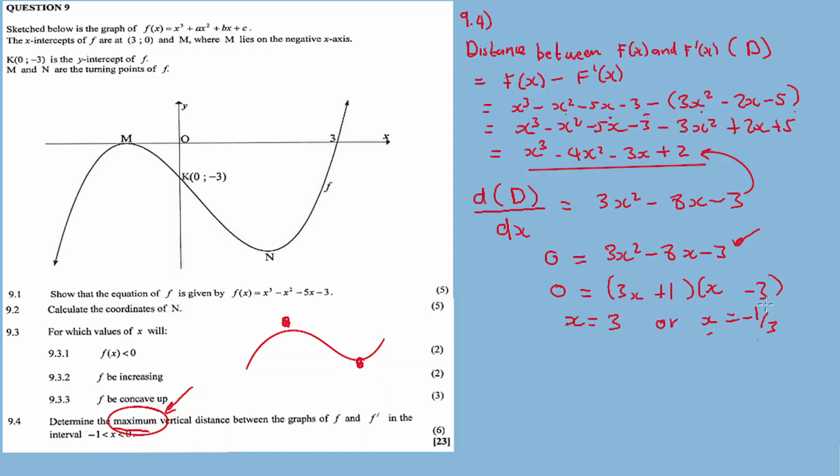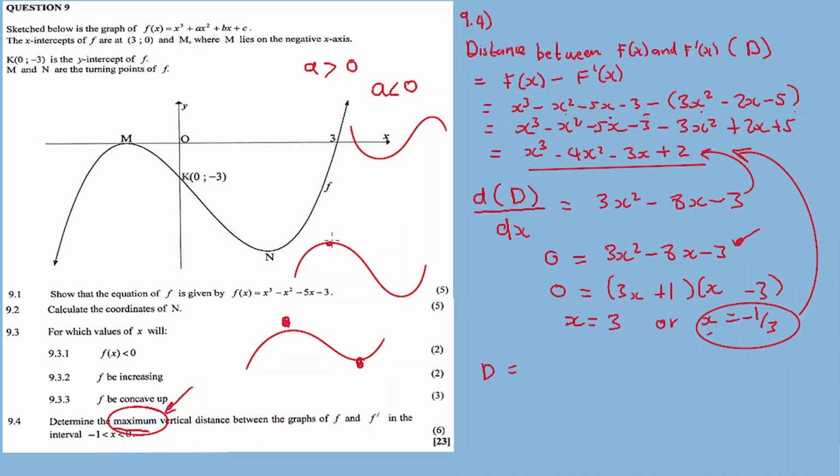Now x equal to -1/3 will give us the maximum value. Yes, so d is equal to, we are taking this one, substituting it back into this equation there. This equation is what gives the maximum distance. Why do I say x equal to -1/3 will give me the maximum distance? If your a is greater than 0, your cubic function will have concave down and then concave up.